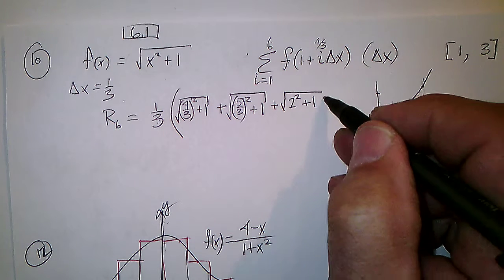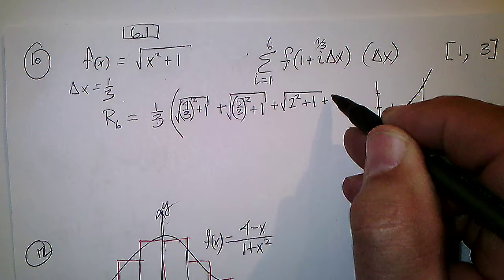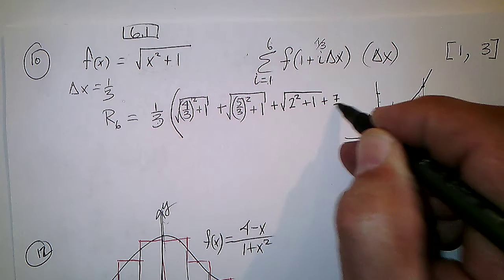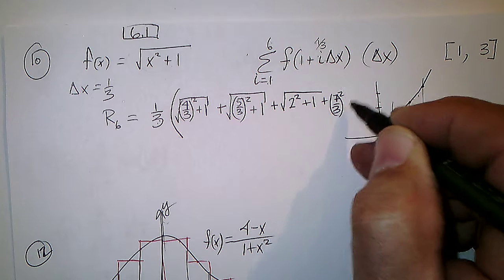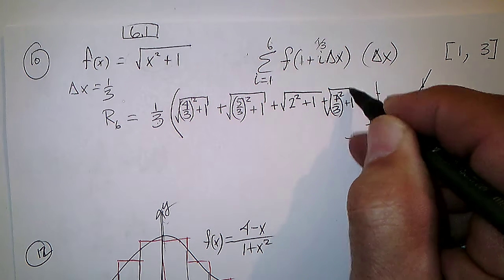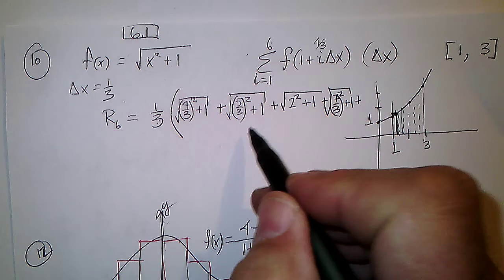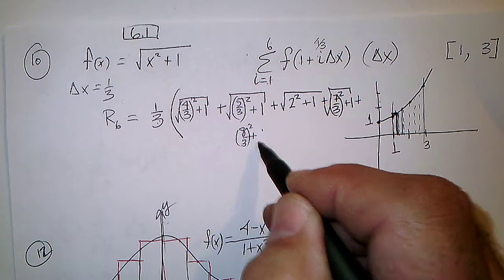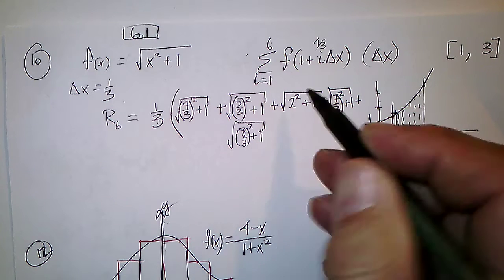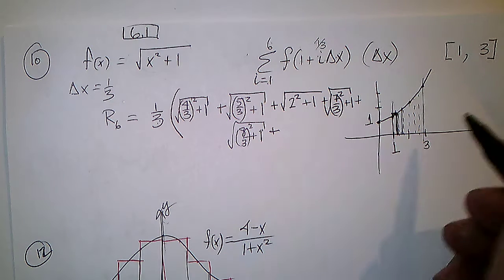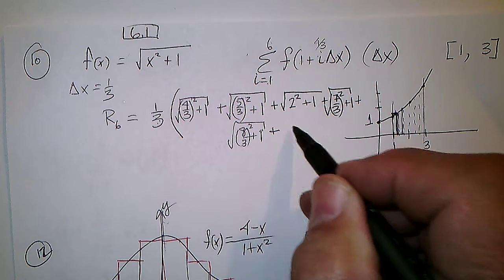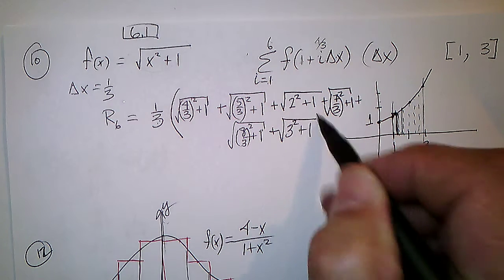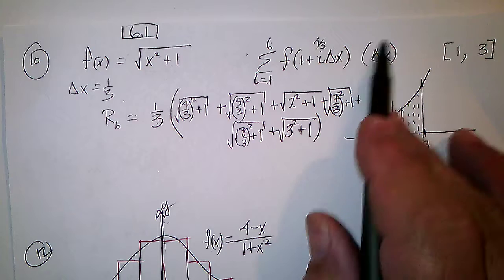The next one would be 2 1/3, so that's 7/3 squared plus 1 square root, plus 8/3 squared plus 1 square root, and then finally 9/3, which is 3. And each one of these is times 1/3.